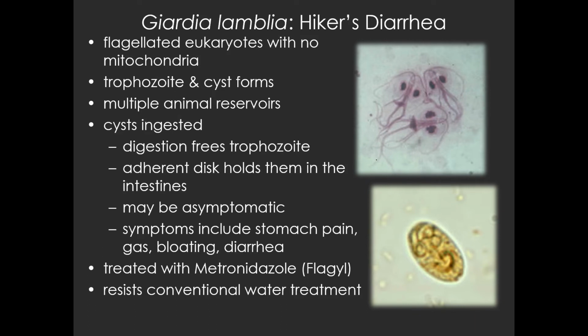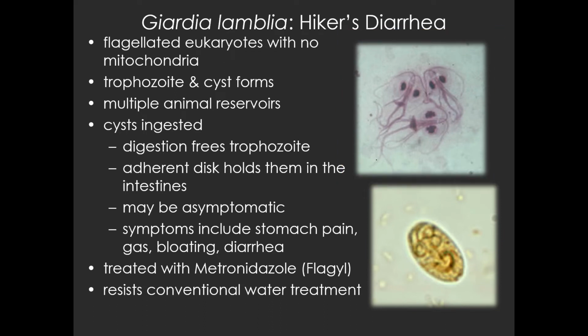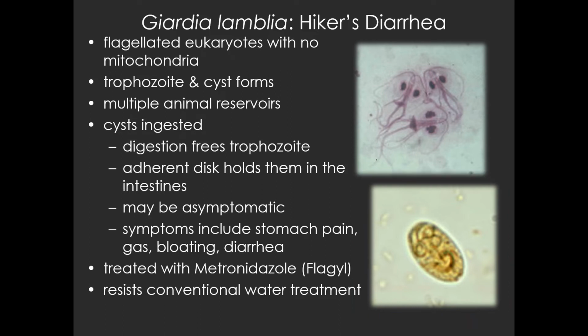And you can see its 2 forms on the right-hand side of your screen, the trophozoite form, which is motile and active at the top, and then the cyst form, which is what is transmitted during infection because as a cyst, it is highly resistant and remains in the environment for long periods of time. And Giardia was actually discovered by Antony van Leeuwenhoek. It was one of his animalcules that he saw under his microscope.